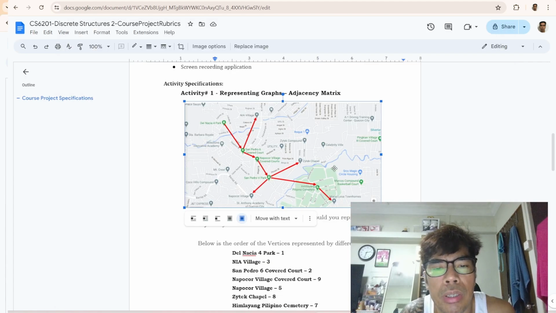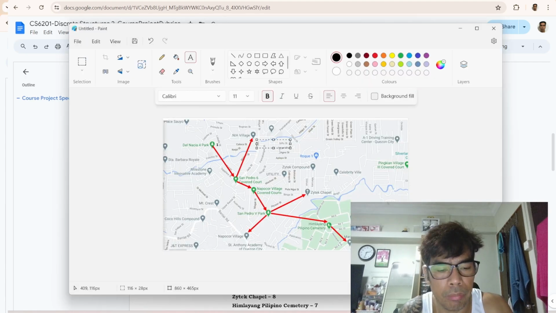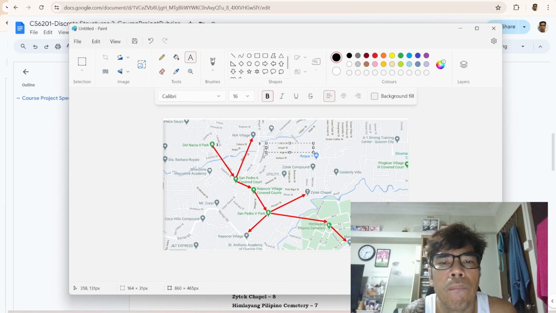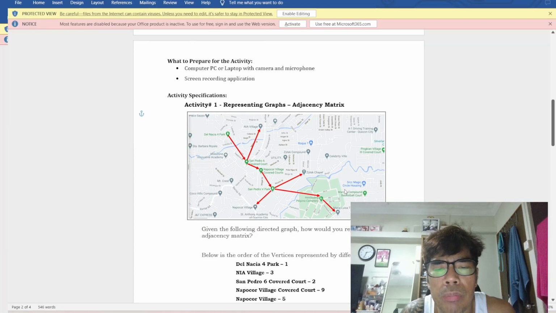Then Nia Village is 3. San Pedro 6 covered court is 2.